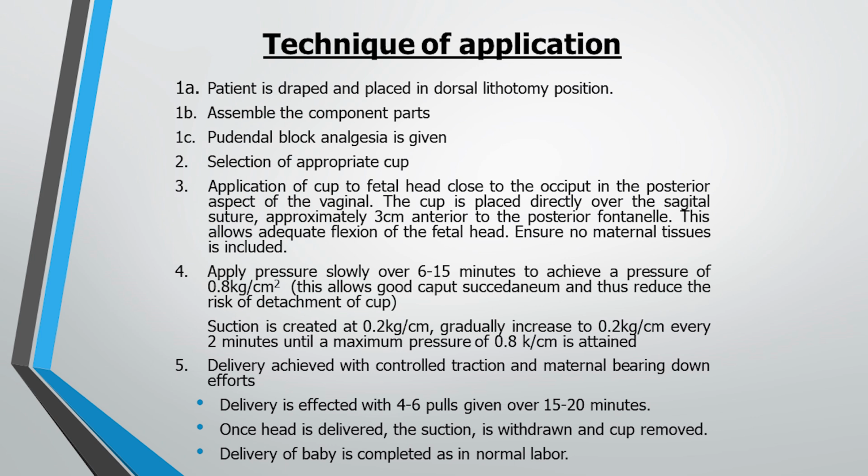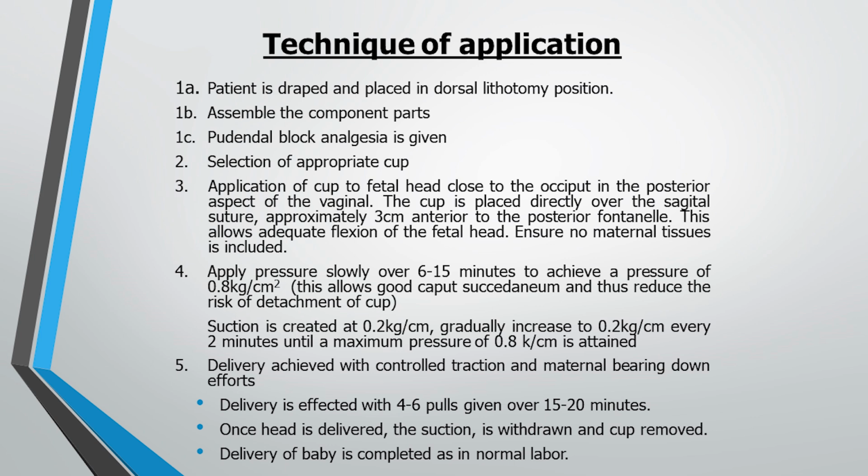Once you get to that level, you have reached the maximum pressure you can use. Then when the woman is contracting, the pressure you have created will cause a chignon, or caput succedaneum, on the fetal head.